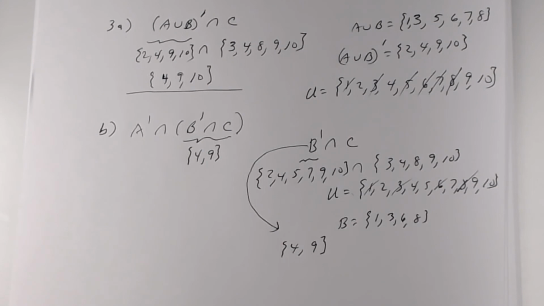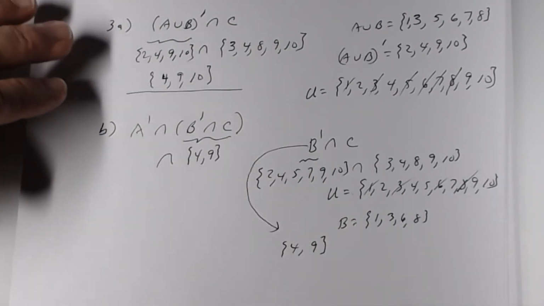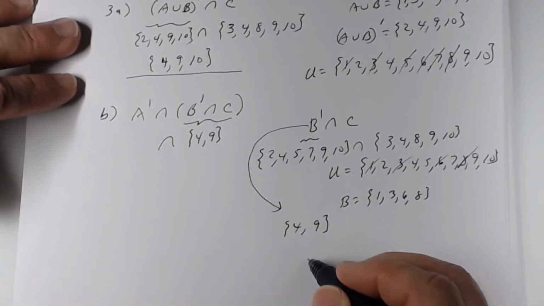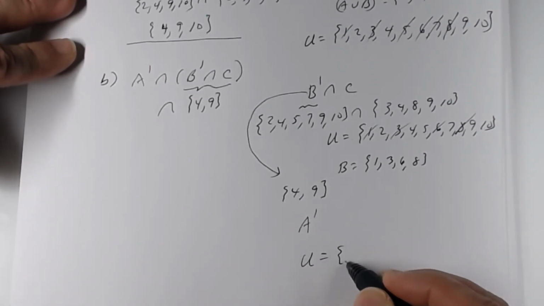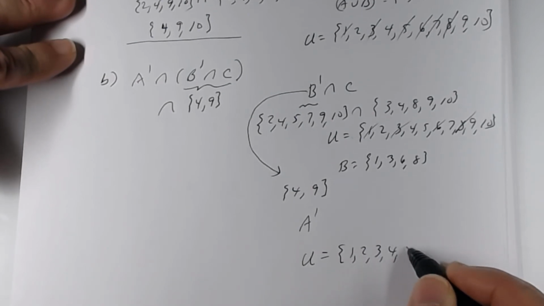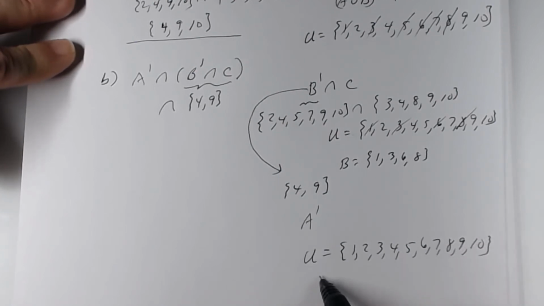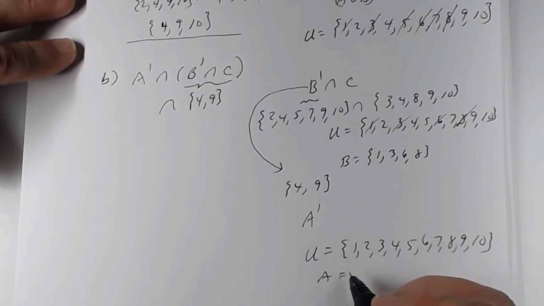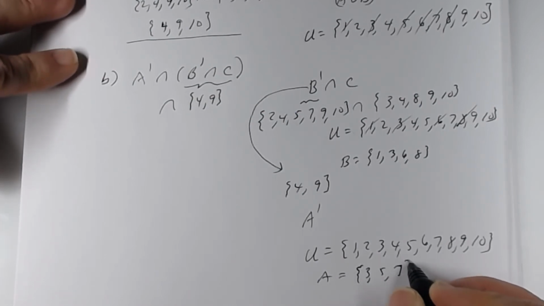Okay? All right, any questions on how we found that parentheses? But then I have to intersect it with A complement. So let's find A complement. We have to look at the universal set first. Here's my universal set, again 1, 2, 3, all the way to 10. And then here's A. Set A has the elements 3, 5, and 7.